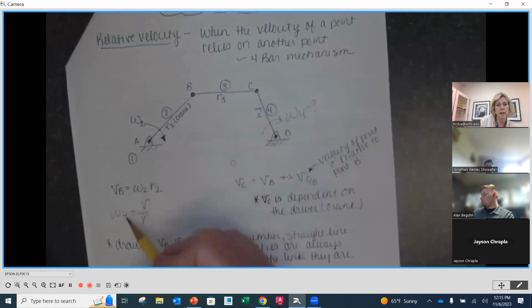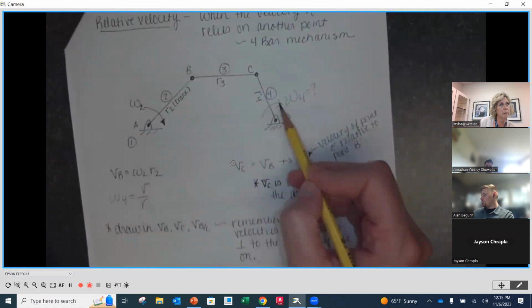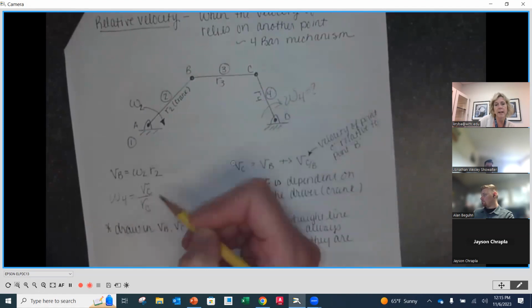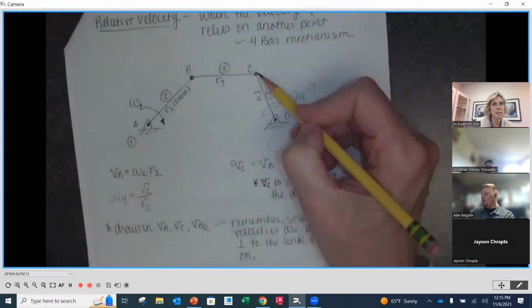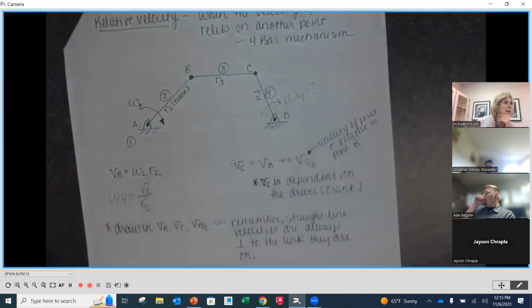So in this case, if we expand this out, we're going to say, okay, the angular velocity of number 4 is going to be equal to the velocity of point C divided by the radius of C back to its center of rotation, okay? So before I can find this, I first need to find the velocity of C, which is completely unknown.